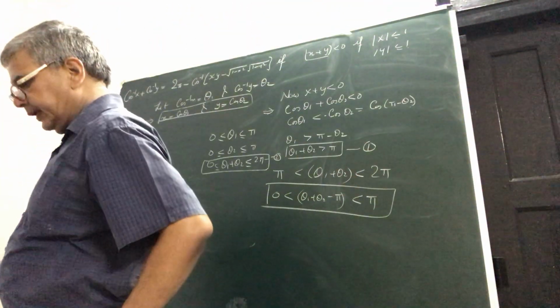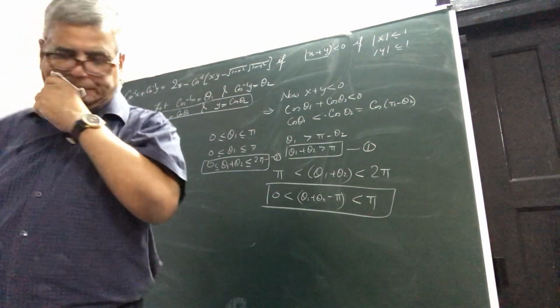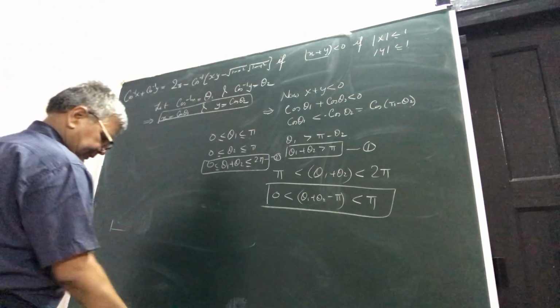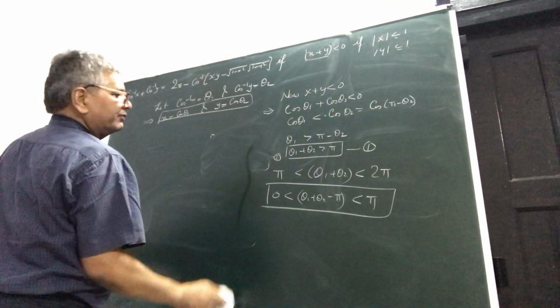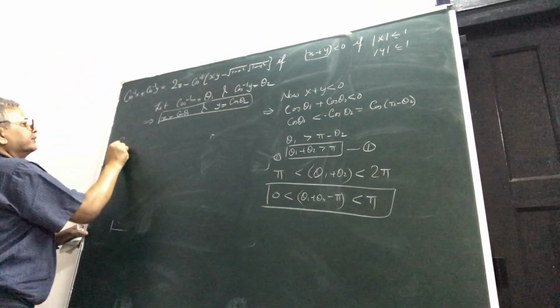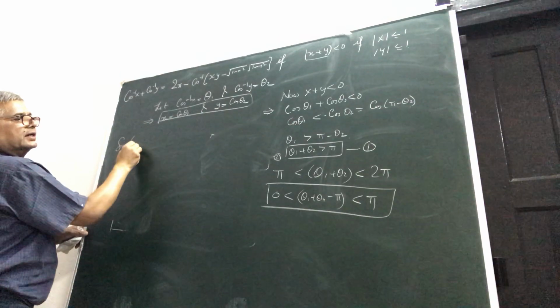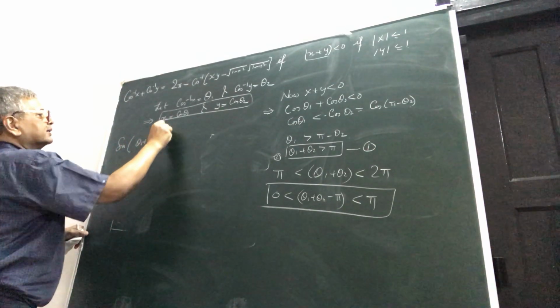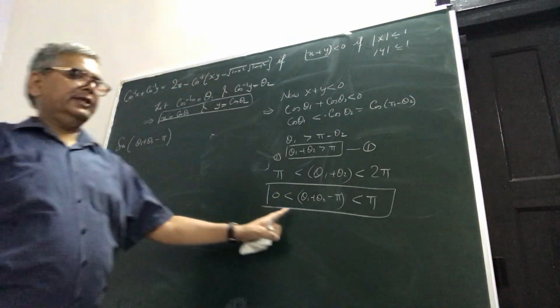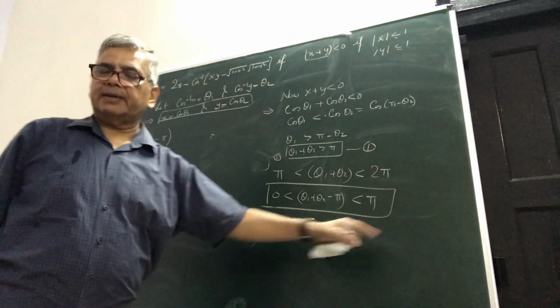Once we have derived this result, what we need to do is take the sine of this thing, theta 1 plus theta 2 minus pi, because now theta 1 plus theta 2 minus pi is in the principal branch.